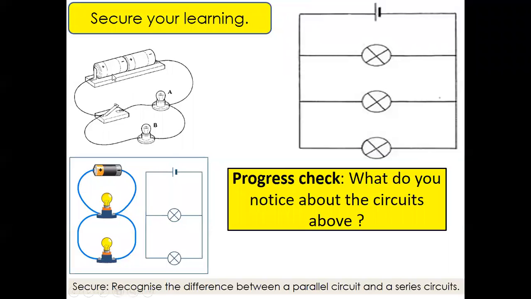Okay, if you have a look at these circuits, we've got our cells here, then it comes around here, we've got a bulb, another bulb, a switch, and then back to the cells. Here again, we've got our cell, comes around, these are bulbs, and again here, we've got our battery, or cell I should say, bulb and a bulb, and this is the circuit diagram for it.